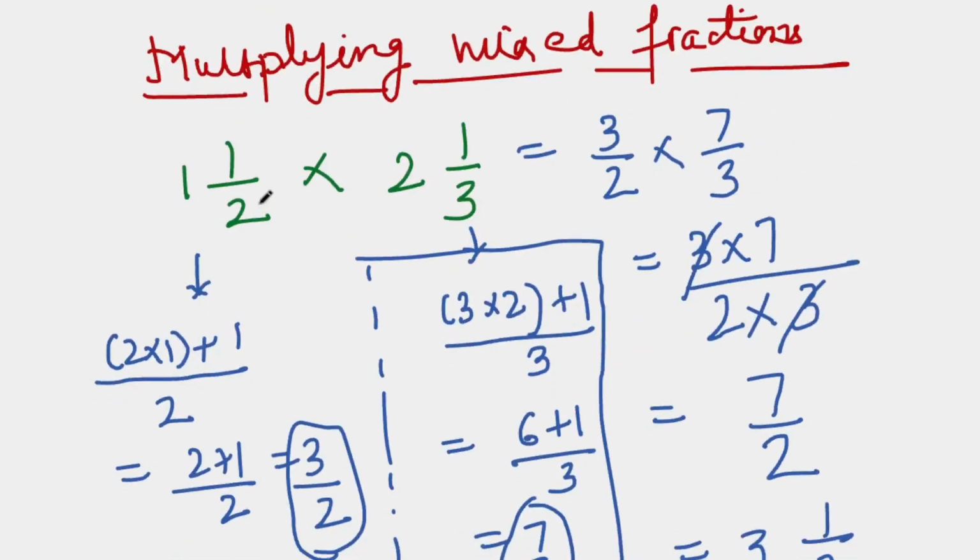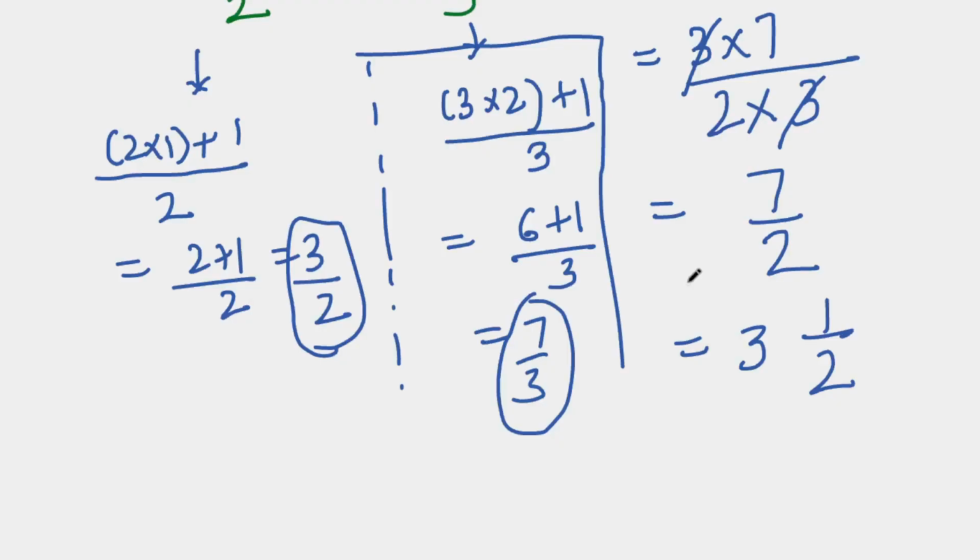Then we multiplied mixed fractions to each other. For this, we convert mixed fractions into improper fractions, and then we multiply it simply. Now it's practice time, all right? So let me give you some multiplication. Try to do it yourself.